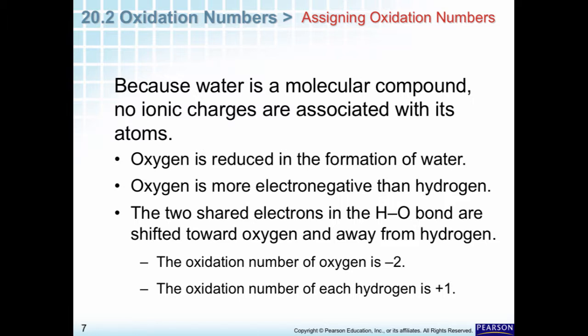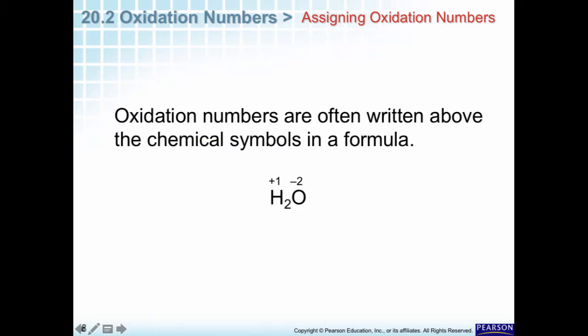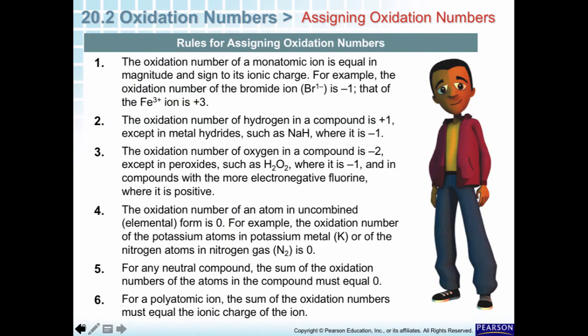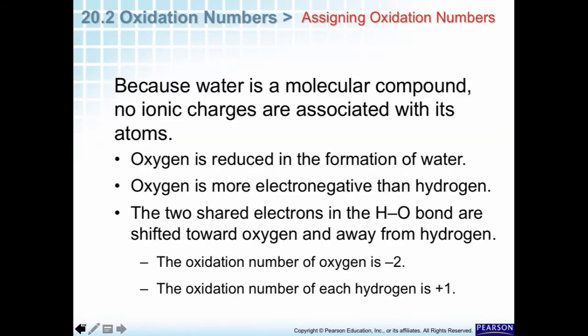Okay, so water is a molecular compound, so it doesn't have charges. So we have to think about how we can do that. Well, we know oxygen is more electronegative, and what we do is we treat it like an ionic compound. Oxygen would be a -2 because it's in group 6.